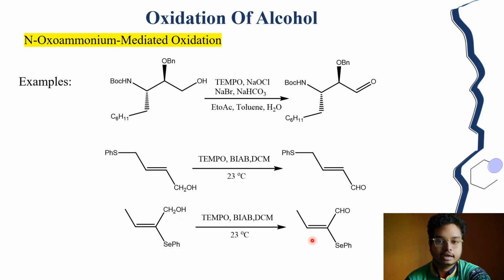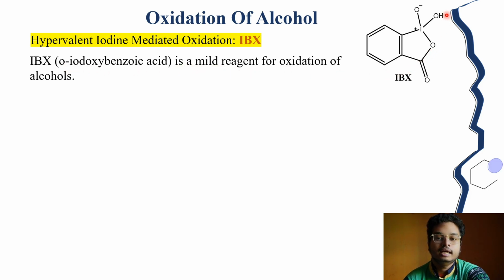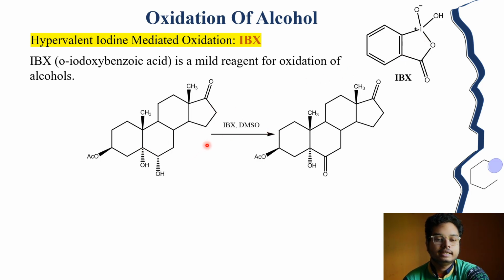Similar is there also. Now let us talk about another particular oxidant, the hypervalent iodine mediated oxidant. IBX is o-iodoxybenzoic acid, a mild reagent for oxidation of alcohol, and this is the structure of IBX. Here you can find iodine in the hypervalent state. It acts as a mild reagent, so it will convert a secondary alcohol to the corresponding ketone.